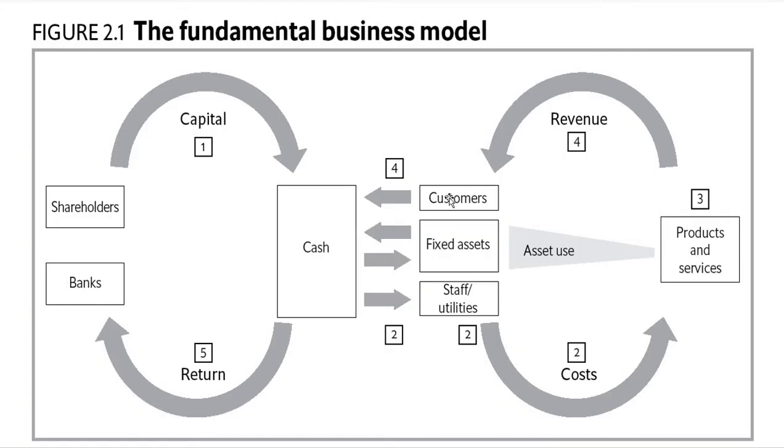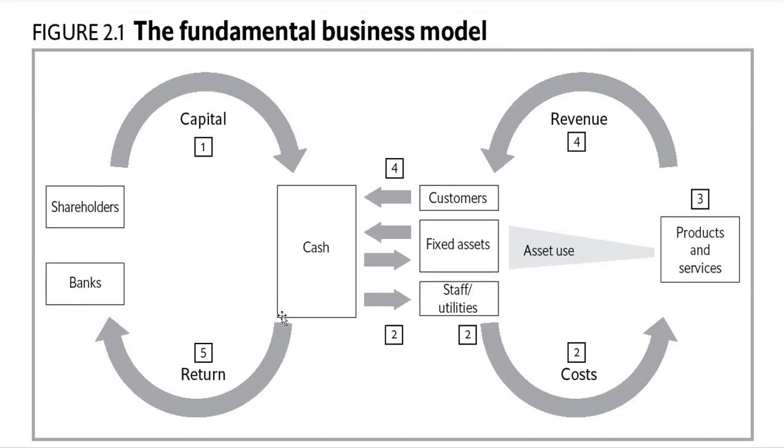So the sale to customers will ultimately convert the products and services into cash again. So our cash, of course, we will use to pay the bank. For example, when we borrow, we pay interest plus the amortization.